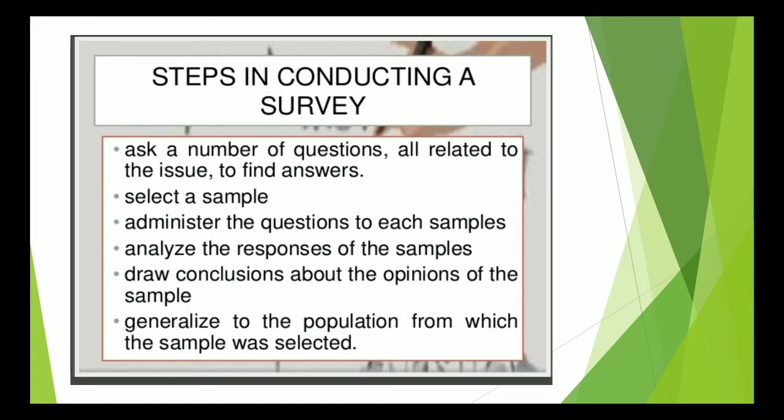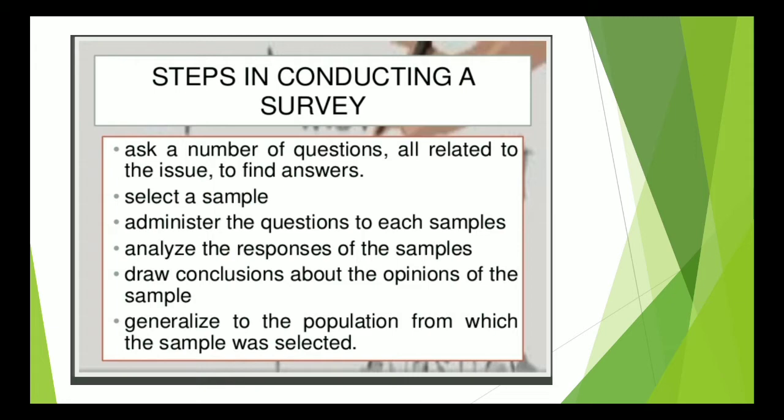So we are going to check what responses they have given, and accordingly we are going to draw the conclusions about their opinions, and on the basis of whatever opinions they have given, we are going to generalize it on the other population.